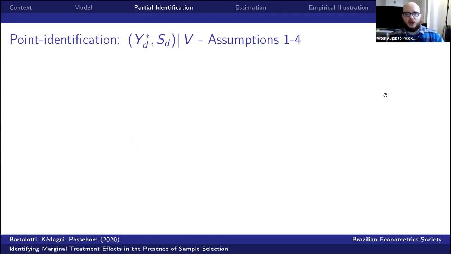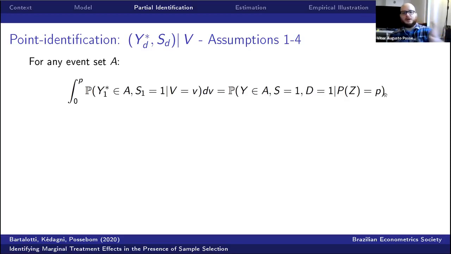In the first building block, we are trying to point identify the joint distribution of wages and employment given V under assumptions 1 through 4, so under our most flexible set of assumptions. We start with this equation. This equation is a key equation in the MIT literature.